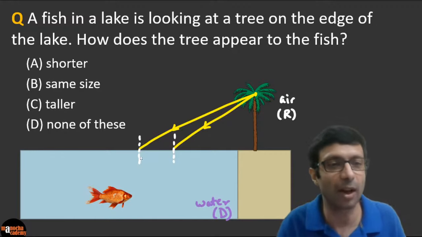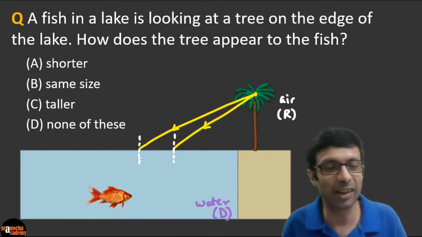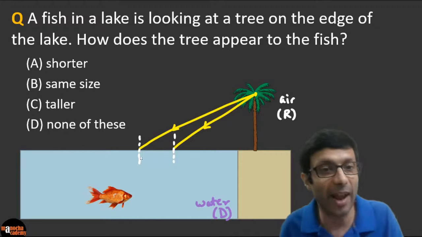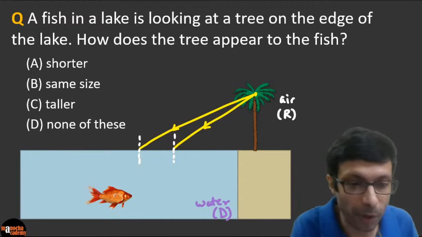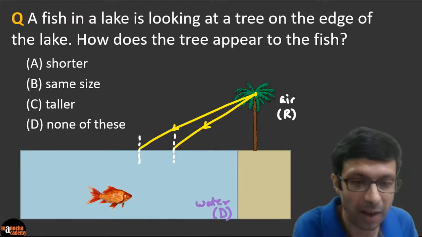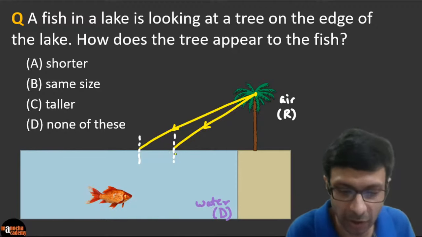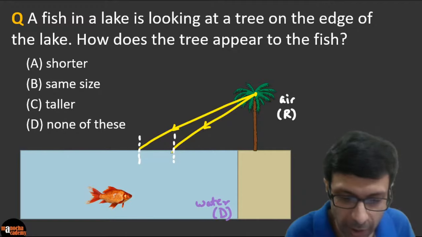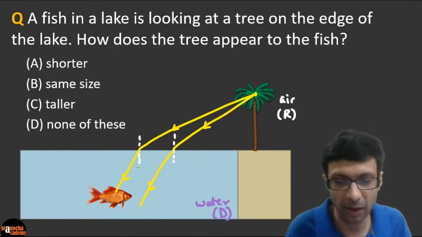Refraction doesn't happen if it's traveling in the same medium. Excellent, guys, because light is going from a rarer medium, air, to a denser medium, water, it is going to bend, absolutely correct, towards the normal. So let's draw that here. I'm going to show some bending towards the normal. Again, this is just a rough diagram for you guys. So the light bends towards the normal.